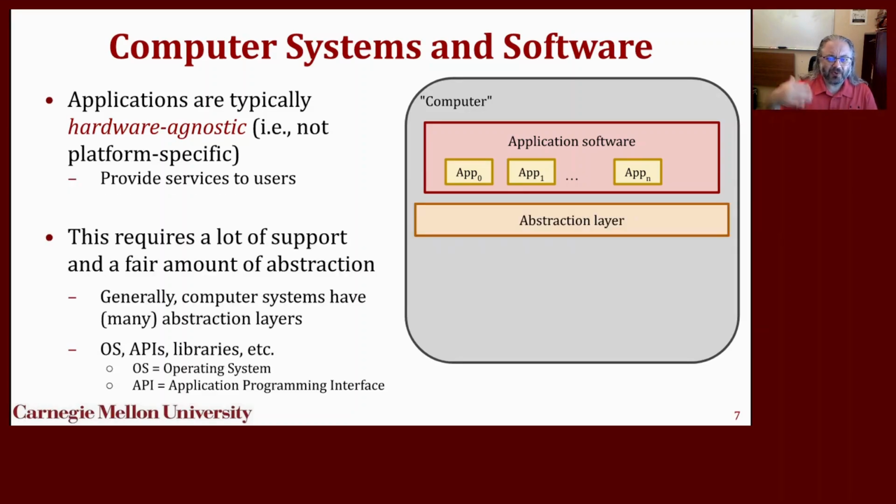Below the applications, we have a fair amount of abstraction. If we want to be able to write software that doesn't depend on the platform hardware, we need what's called an abstraction layer. Abstraction layers show up in a lot of different places. These are very popular in computer science.